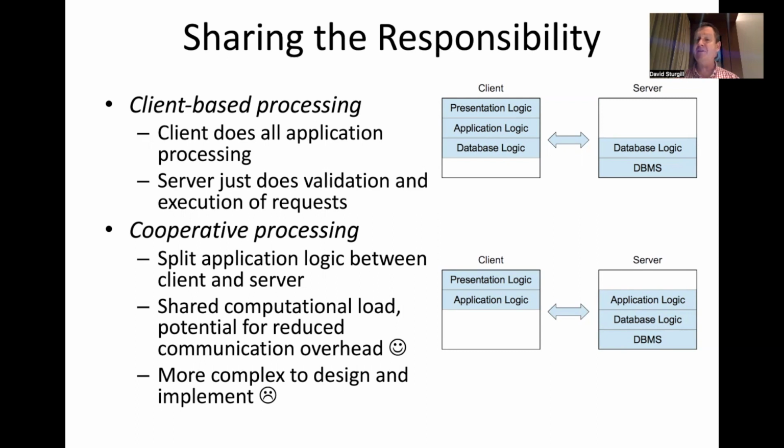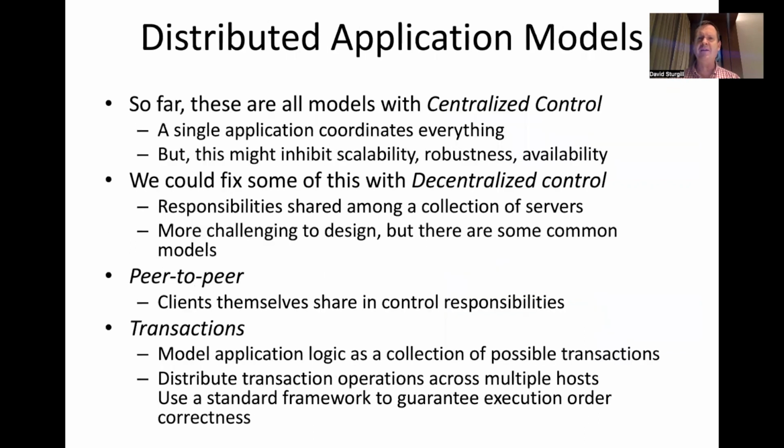And if the client knows something about what our application is doing, it may be able to cache values, so it only contacts the server when it has to, reducing network communication and latency. That probably could give us the best performance, but there you're going to have to do a lot of that yourself. There's not going to be as much existing software that makes that partitioning of your application automatically.